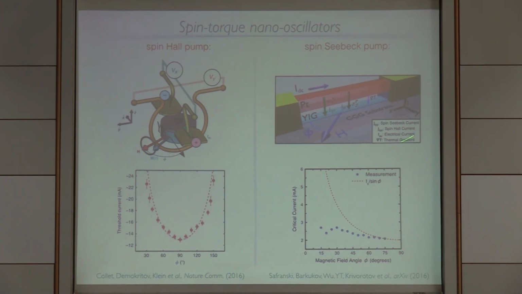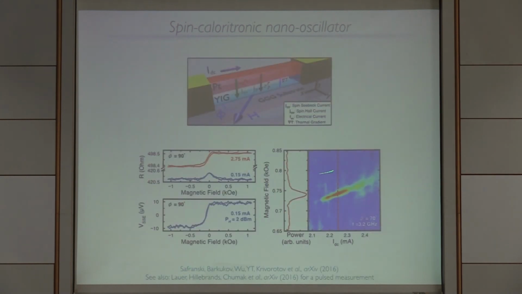And then in a collaboration I was part of with my colleague at UC Irvine, the device was designed to focus heat current produced simply by Joule heating in platinum onto YIG, and then the Spin-Seebeck thermally driven BEC type of condensation took over and lowered the overall threshold of the condensation.